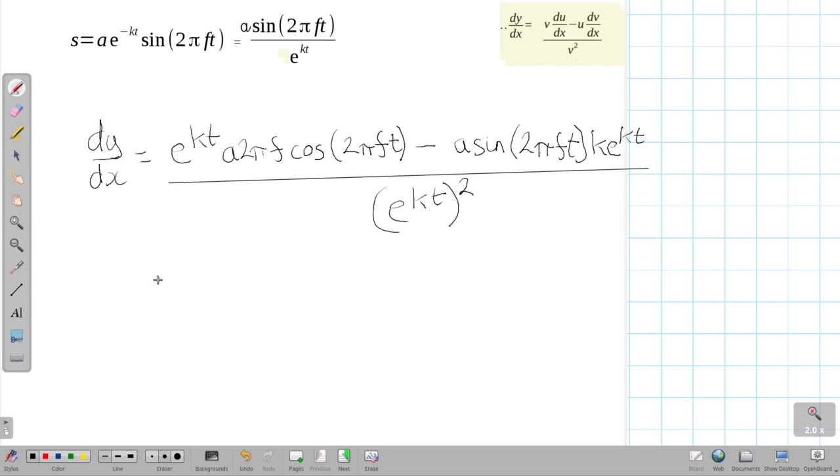Okay, so obviously it doesn't look quite like it did last time, but let's see what we can do with it.